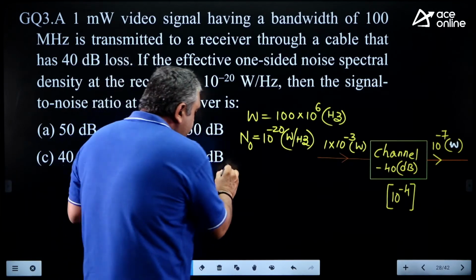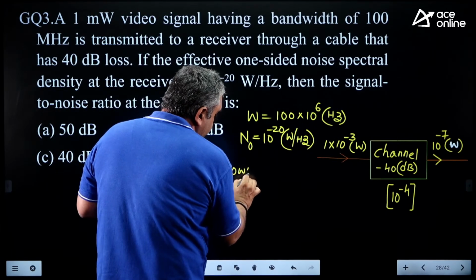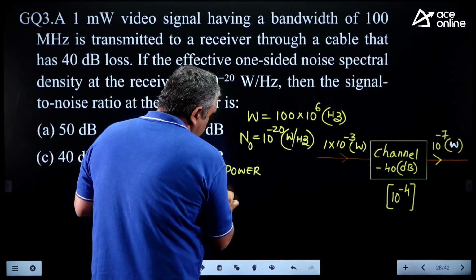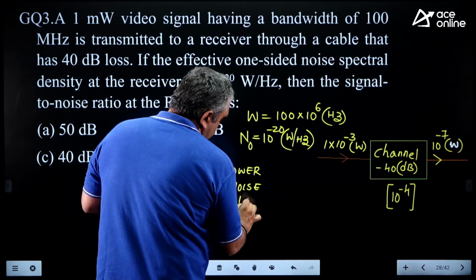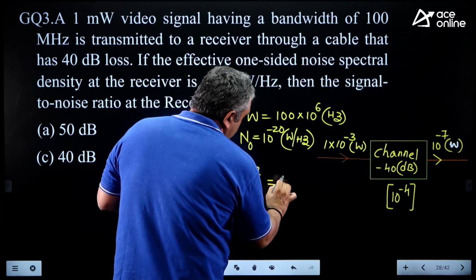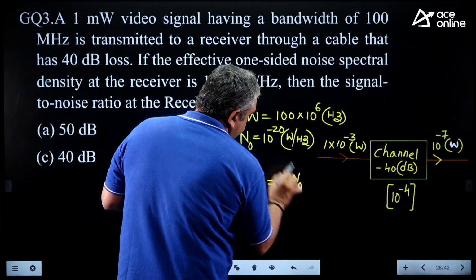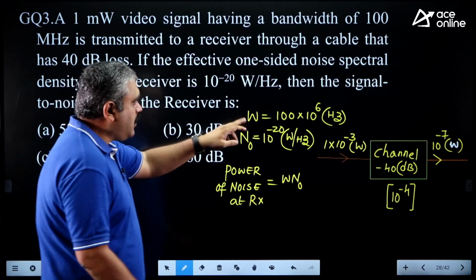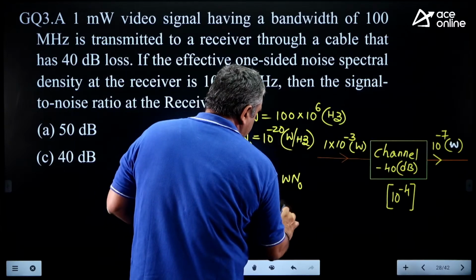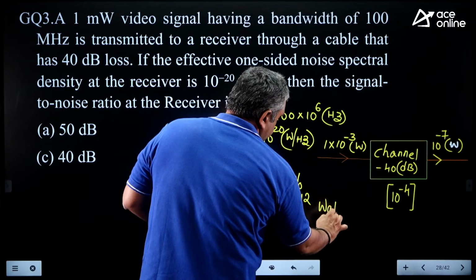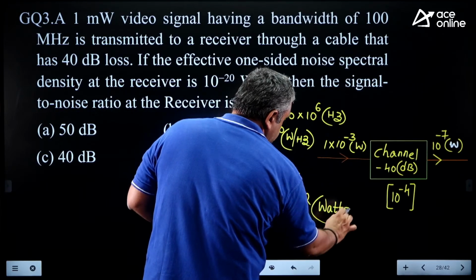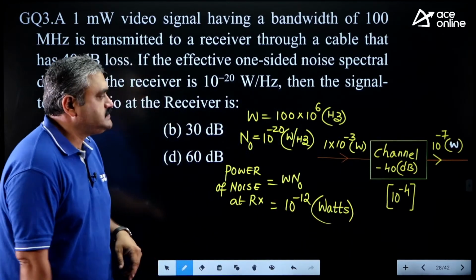Now, what is the power of the noise at the input of the receiver? Power of noise at the receiver is always equal to W into N0, the bandwidth of the signal multiplied by N0. So 10 power 8 into 10 power minus 20 will become 10 power minus 12 watts. Watts per hertz multiplied by hertz, so the result will be in watts.